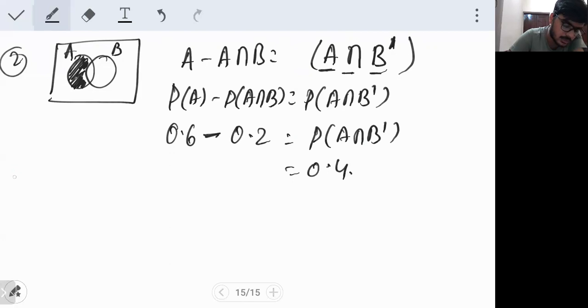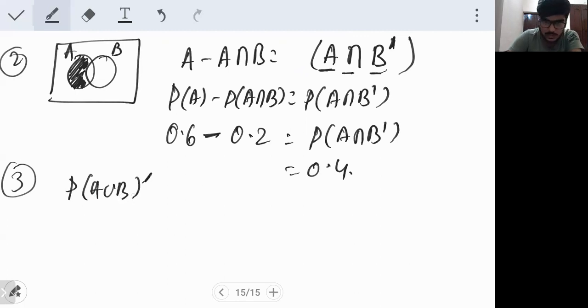The third question is, what is the probability that the company wins neither of the contracts? Neither of the contracts means what? Not A, not B. That means the probability of A union B complement, right? How to solve this question?